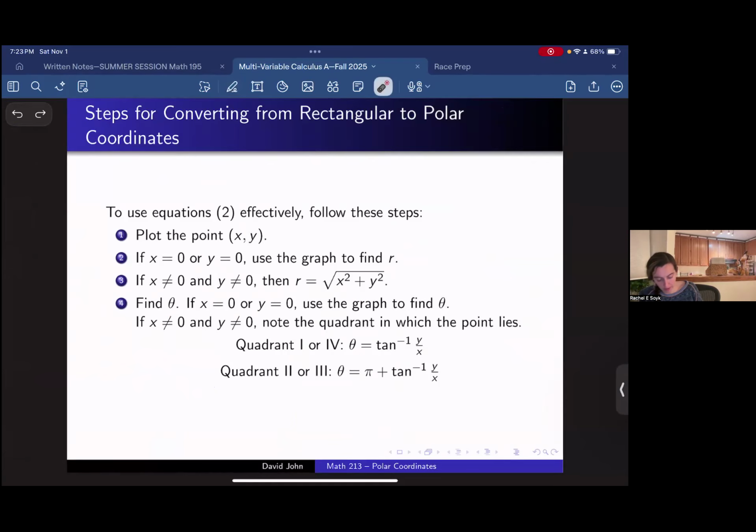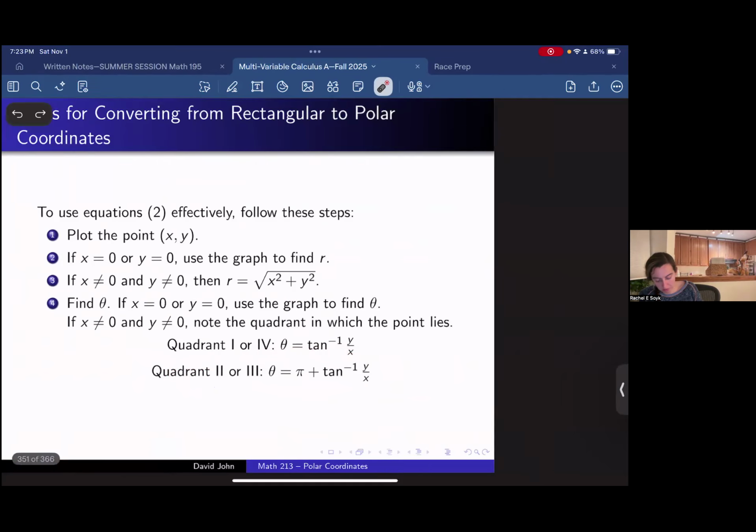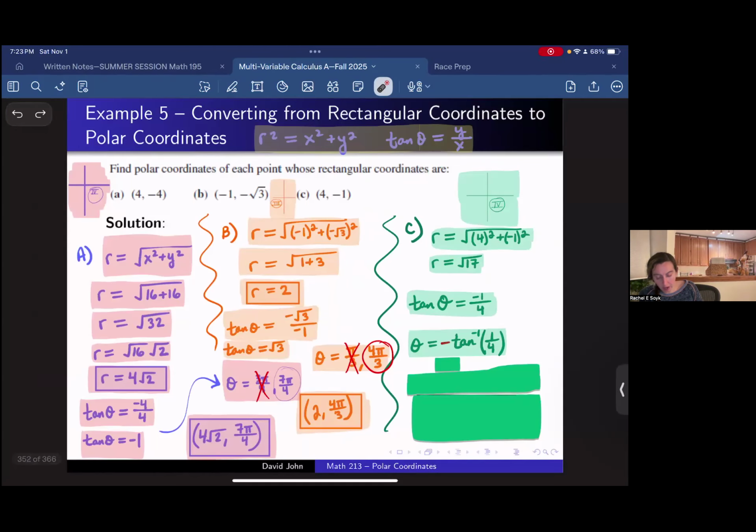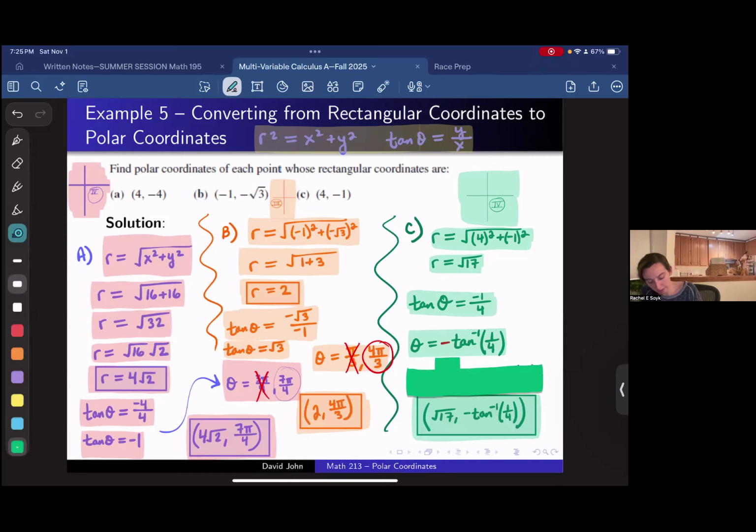Never mind, I was thinking of this, but no. Another way you can write it from the positive perspective is to add 2 pi to it. So theta is equal to 2 pi minus tan inverse of 1/4.